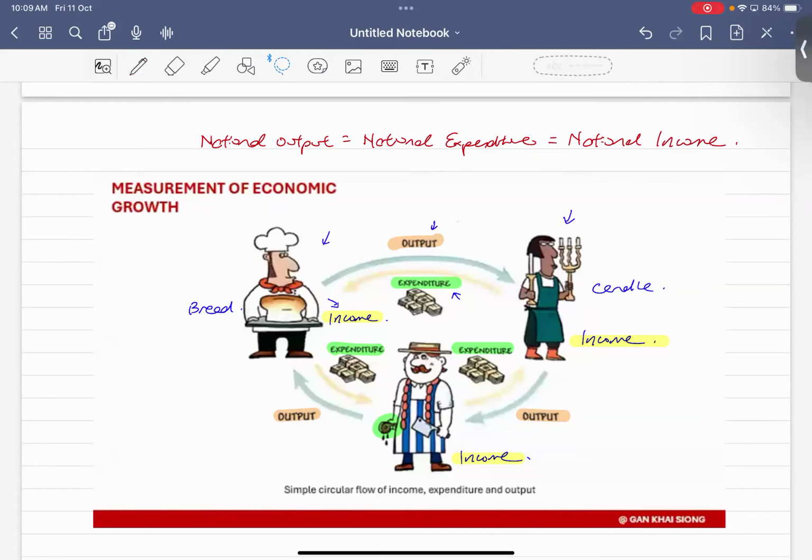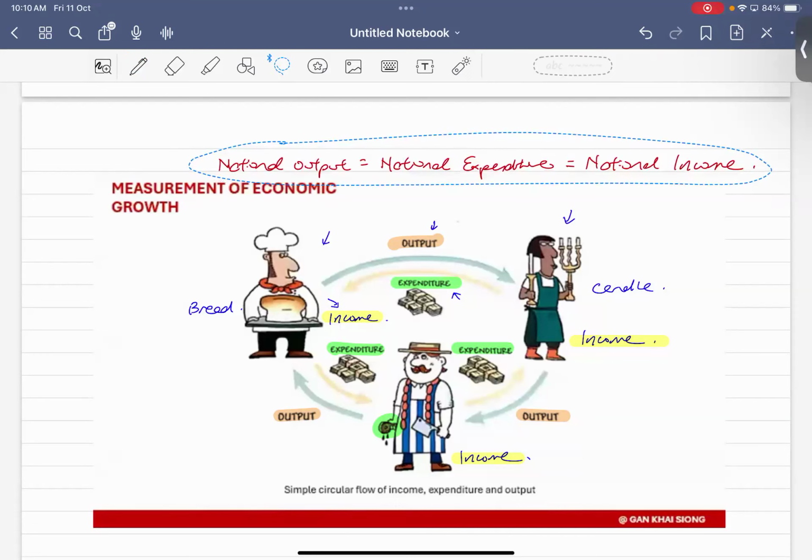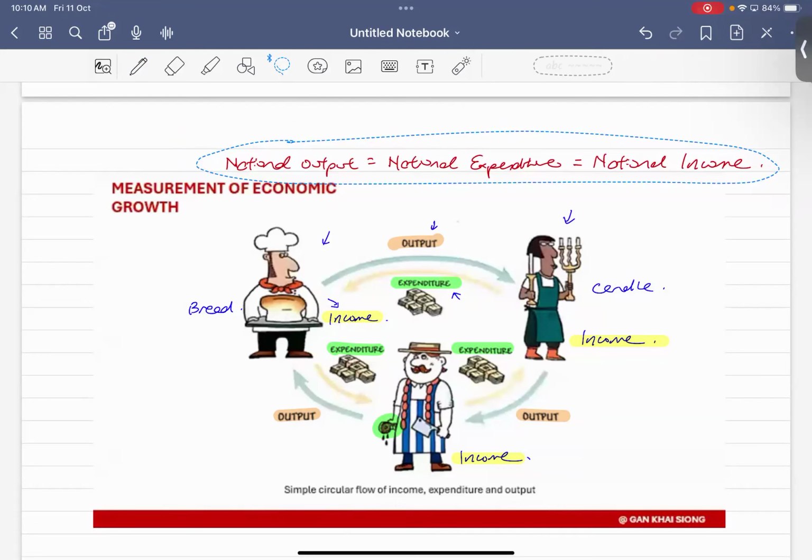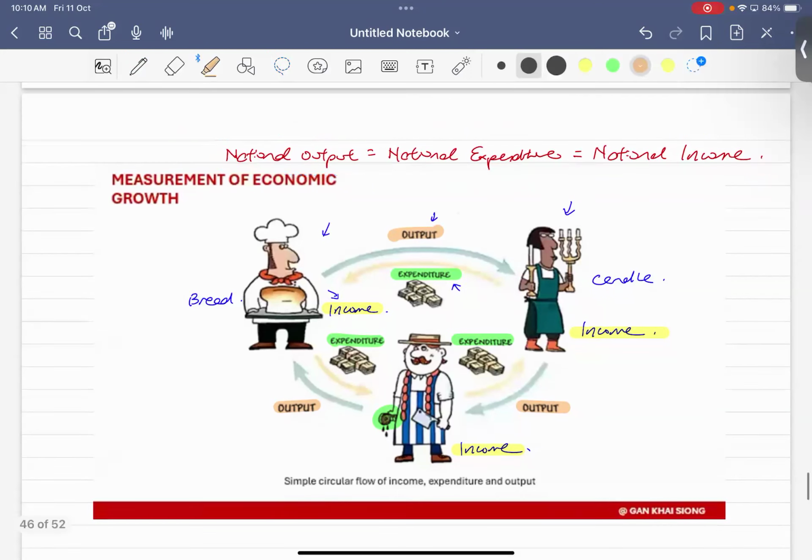We can see that these three components are equivalent to each other in this scenario. The output is always equivalent to the expenditure and the income from this diagram.